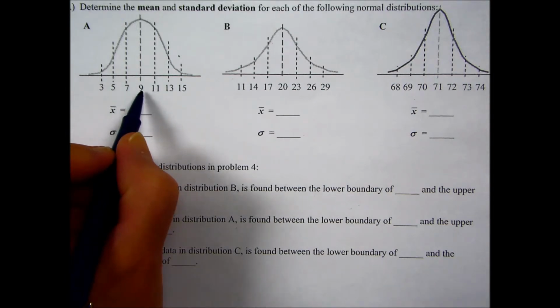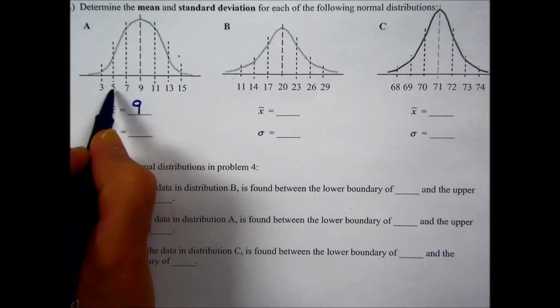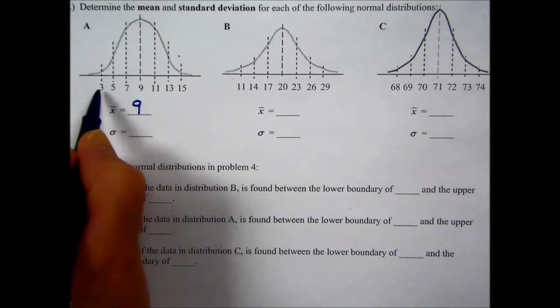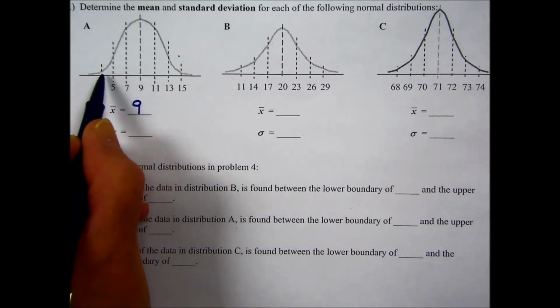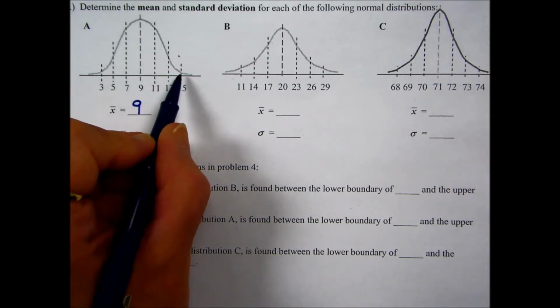Well, the difference between 9 and 7 is 2. Again, that value of 2 is cropping up. 7 and 5 differ by 2, 5 and 3 differ by 2. 3 standard deviations below, 3 standard deviations above are the boundaries for 99.7% of the data.